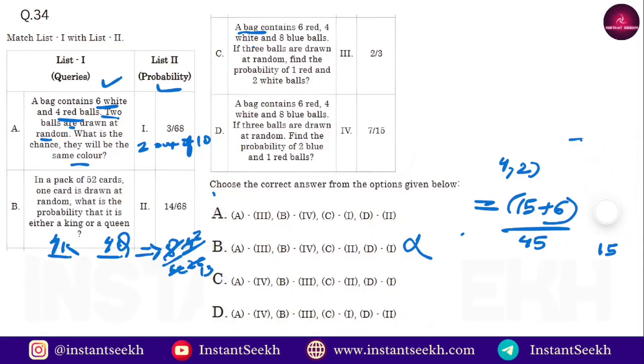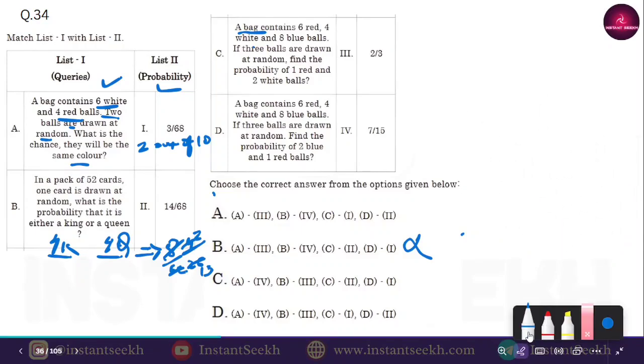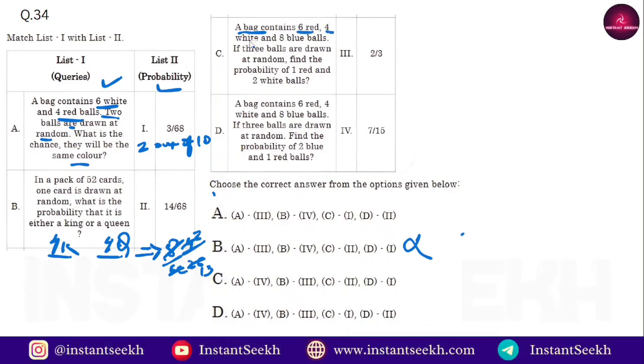So option number C we are looking at. If three balls are drawn at random, find the probability that one is red and two are white.